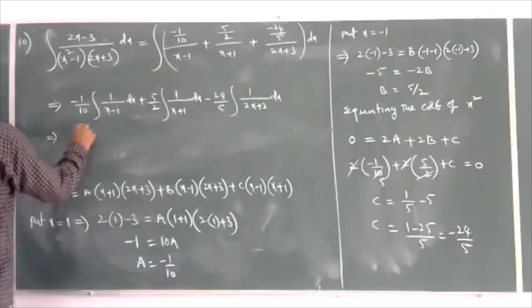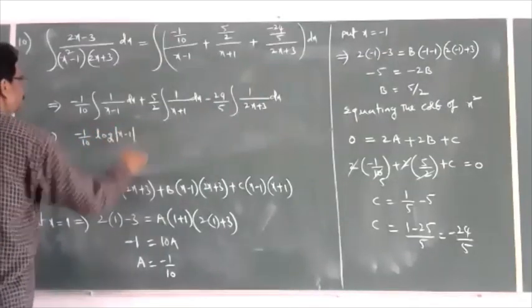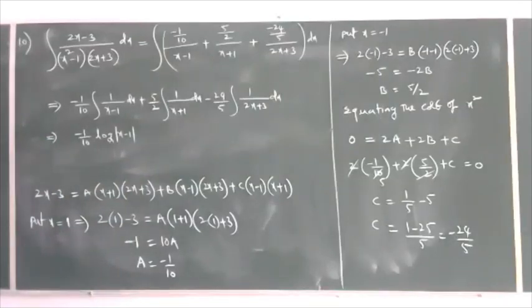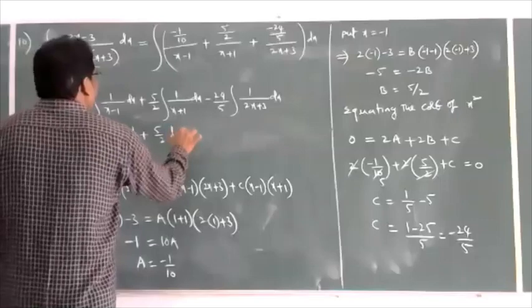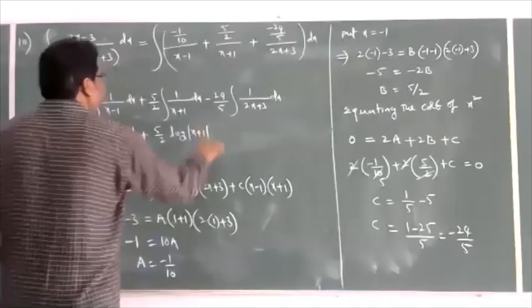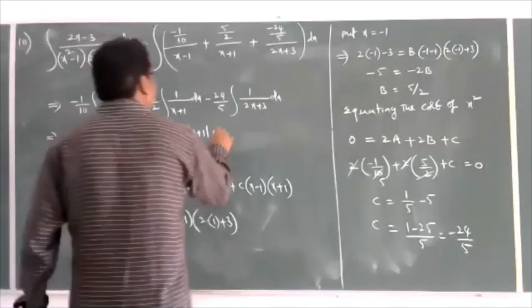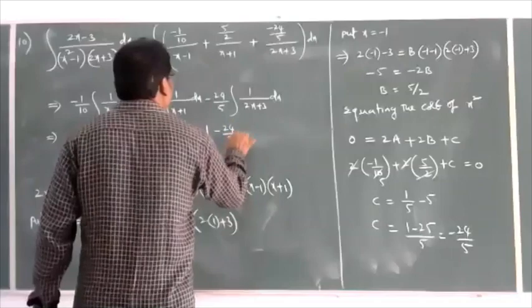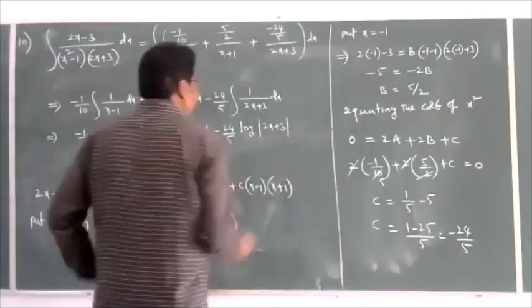That implies this is minus 1 by 10 into log mod x minus 1, plus 5 by 2 into log mod x plus 1, since the integration of 1 by x is log mod x. Here directly you can write minus 24 by 5 into log mod 2x plus 3.